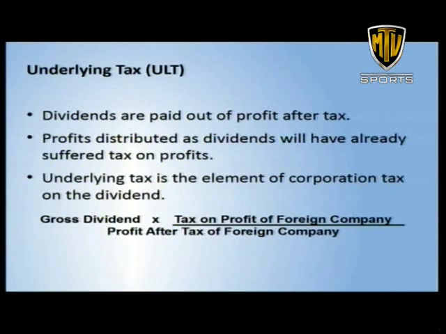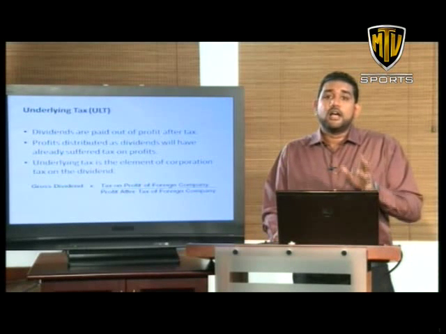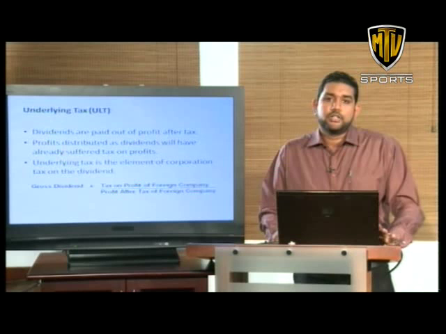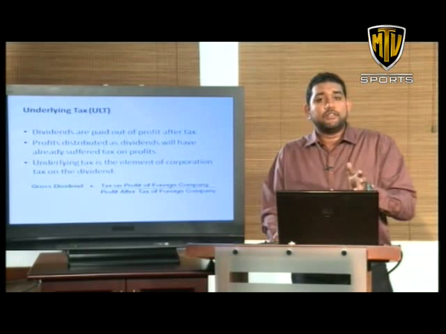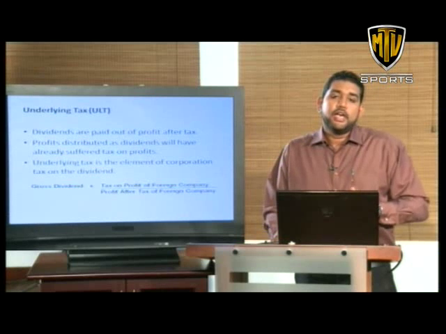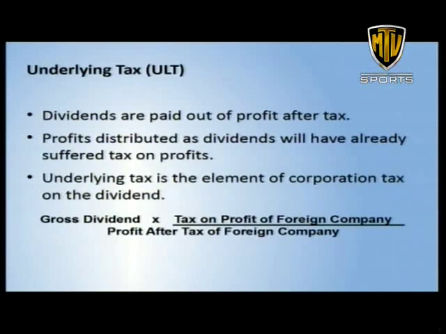Now, when a company is paying a dividend to their shareholders, a dividend comes out of profits after taxation. Remember, profits after taxation. That means the profits that we are distributing as dividends have already experienced taxation. That means tax has already been deducted.